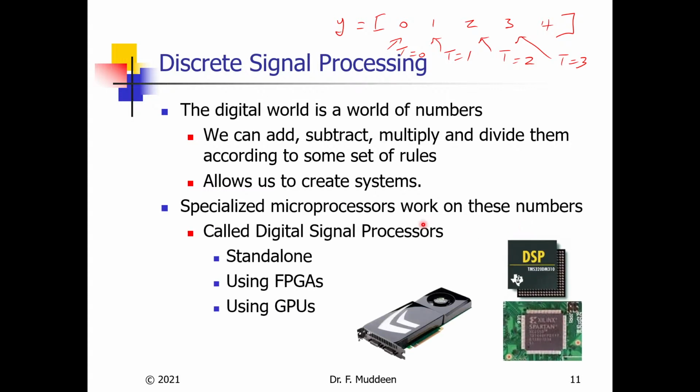Now, there are specialized microprocessors that you may see in particular that do all of these signal manipulations on these numerical values. You have actually been exposed to one of these so far, being the FPGA in year 2, which is a specialized form of a digital signal processor.